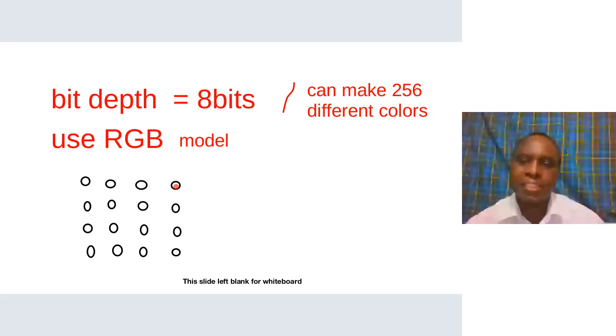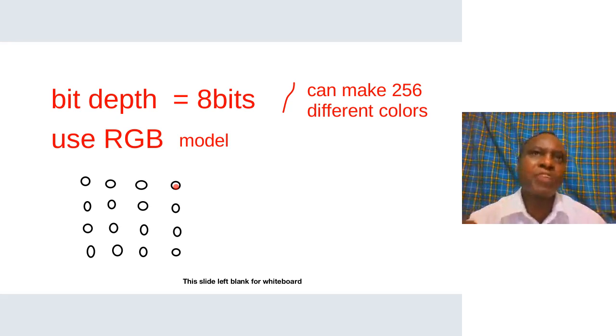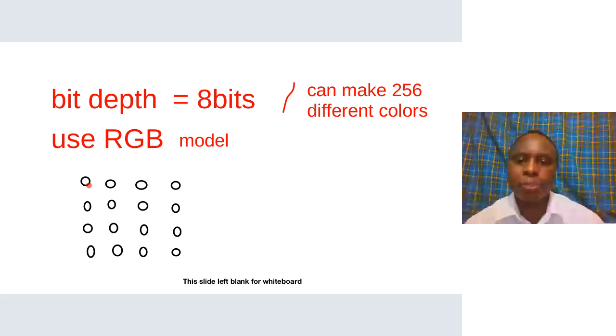The difference is the combination of the zeros and the ones. So the first one at the top left is 1 pixel, but it is coded with 8 bits. And those 8 bits could be all zeros.